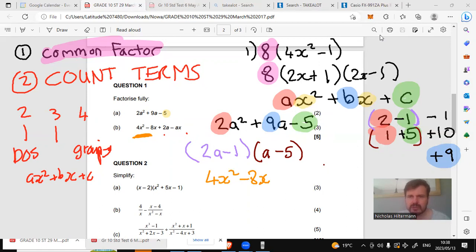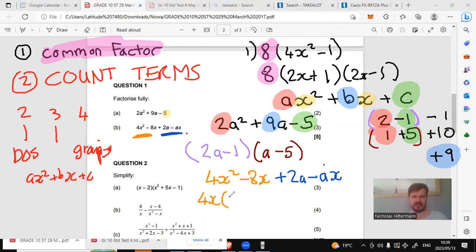And I'll group the other ones in, what have I not used? I use dark blue. It's ugly, but I'm going to group this together. And then I go, okay, what do I have in both? I've got a 4x in both. I'll take that out.